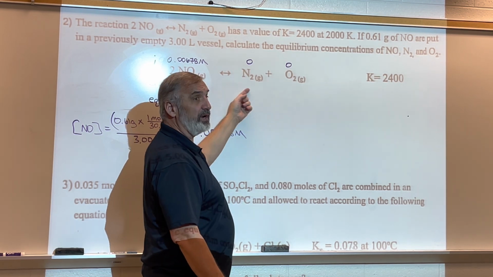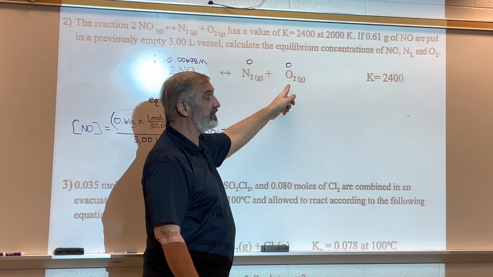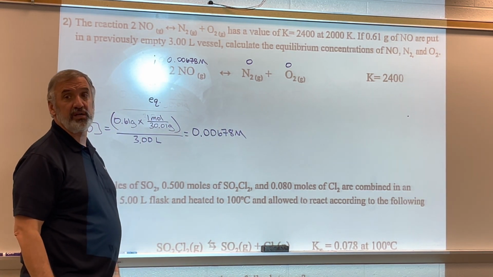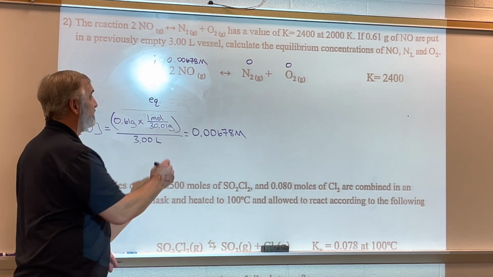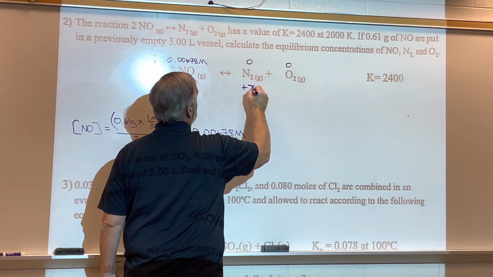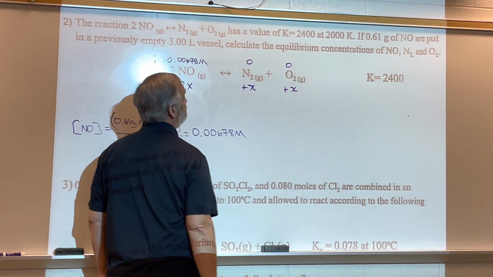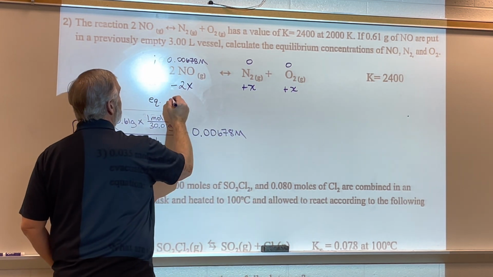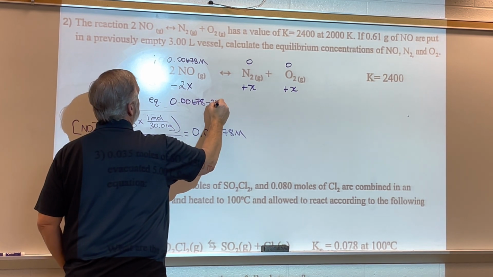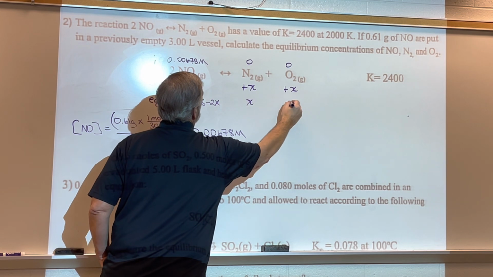So I know it's going to go right, because these are zeros. So what's my change going to be? Minus 2x, plus x, plus x. So at equilibrium, then I'm going to have 0.00678 minus 2x, x, and x.